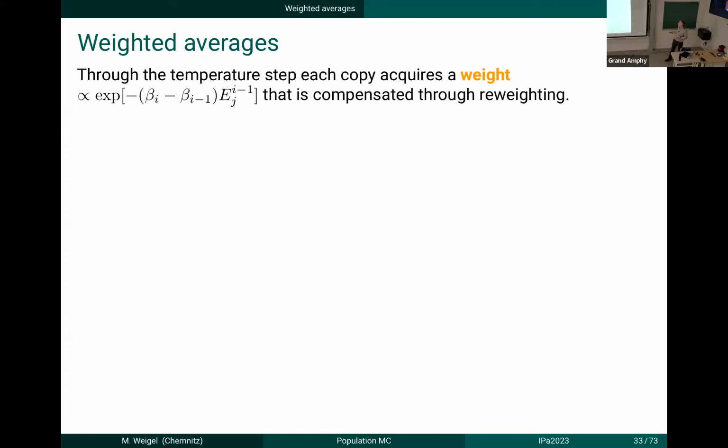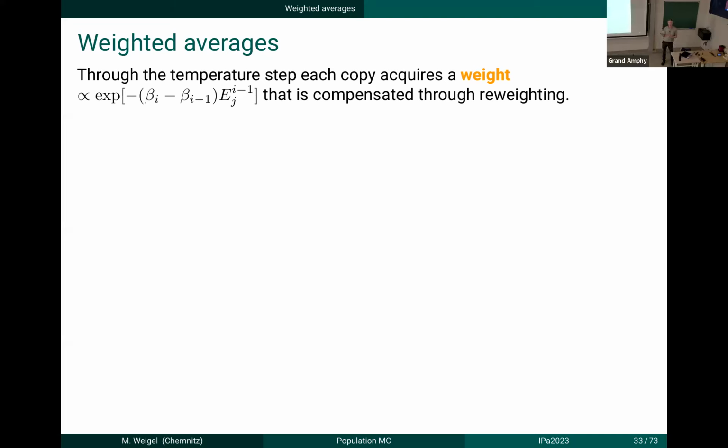And so this can be used for doing the multi-histogramming, but also for doing another thing that I want to tell you about, and this is weighted averages. Ideally, you do one big simulation with a large population for your problem, and then take the population averages as estimates for the quantities you're interested in.